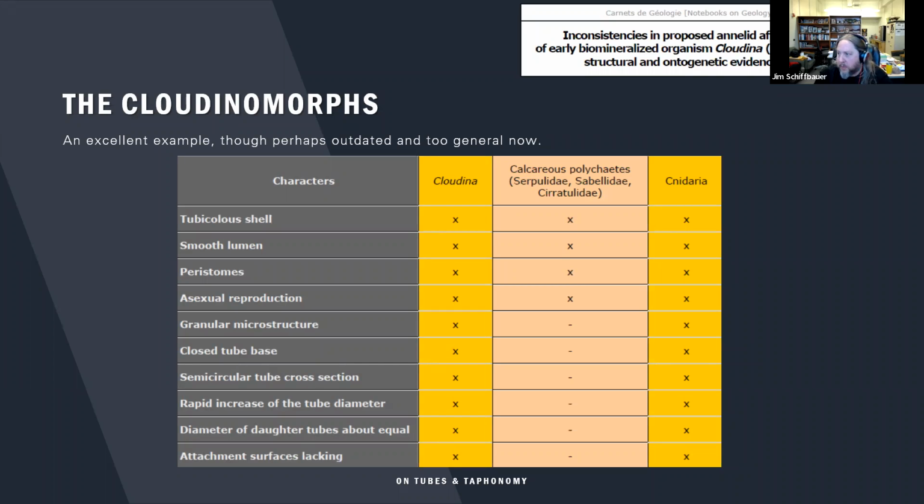Ultimately, this was just a presence-absence data sheet that said Cloudina probably fit better with the cnidarians than the polychaetes, on the basis of some of the microstructural details like granular microstructure and the closed terminus of the base and things of that sort.